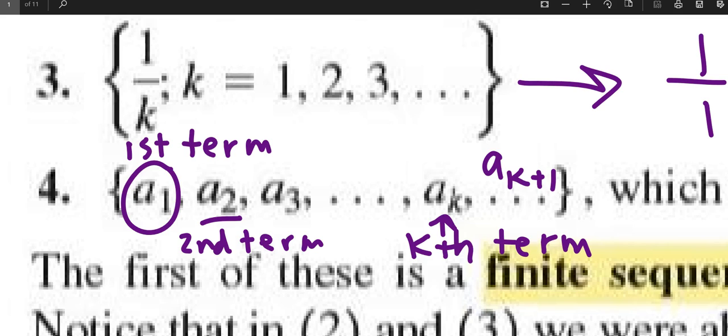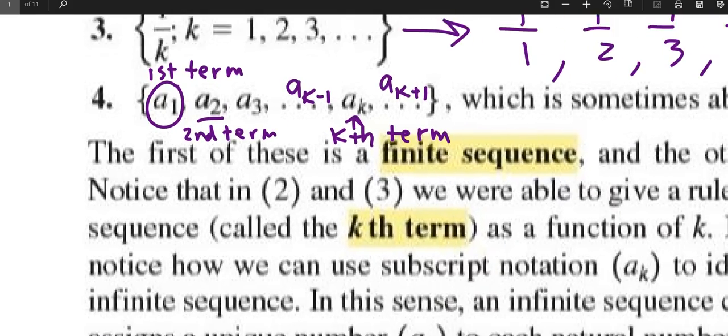The one before it would be a subscript k minus 1. All right, so that notation needs to be understood.